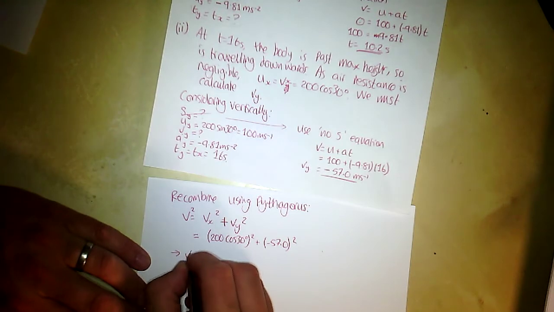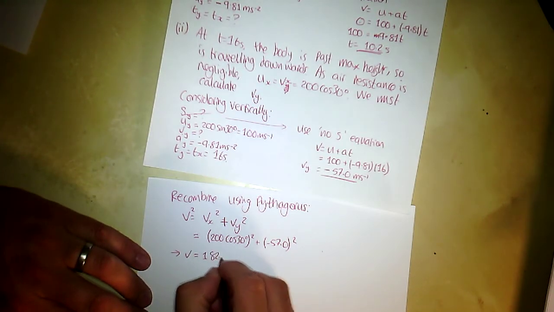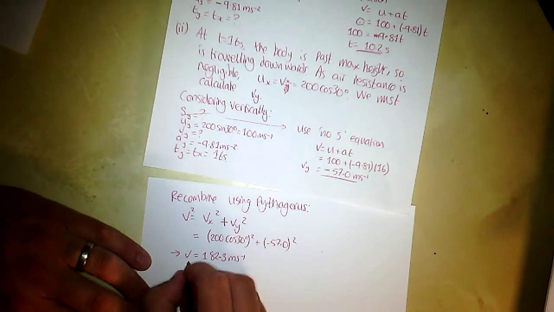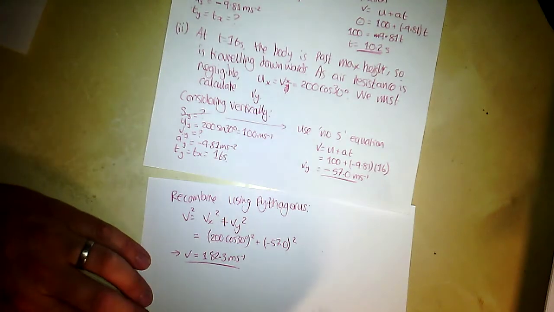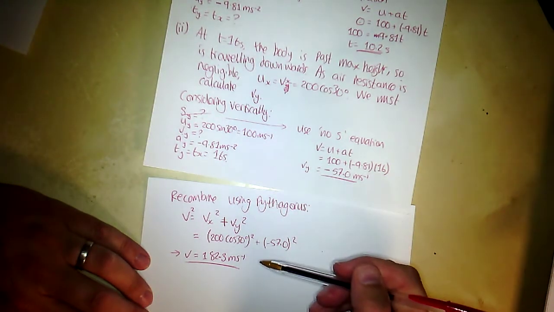So combining those, square rooting, we get v equals 182.3 meters per second. If we needed to, we could use trigonometry, SOHCAHTOA, to find out what direction that was in at that point, because we've got the sides of the triangle.